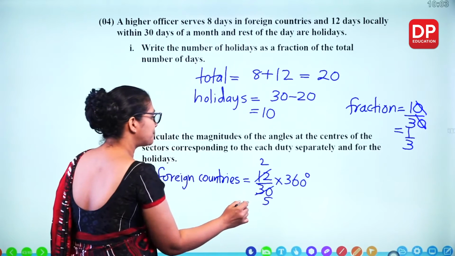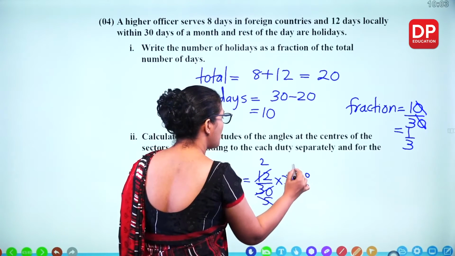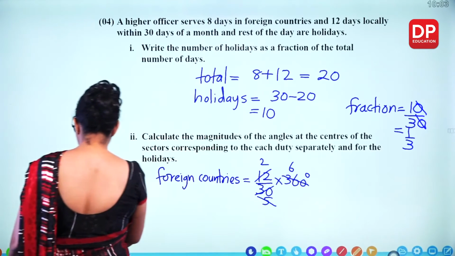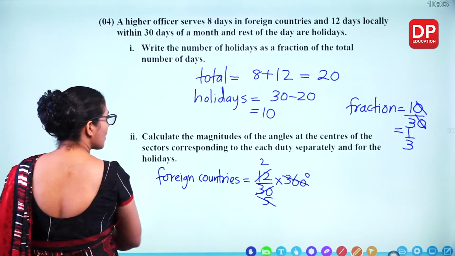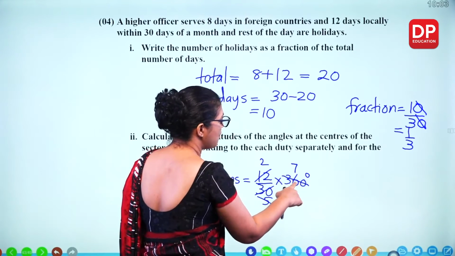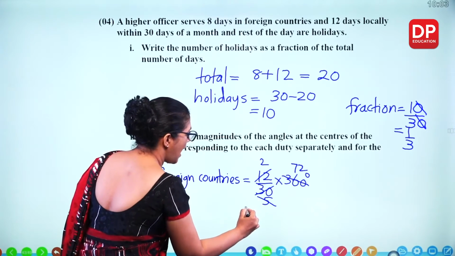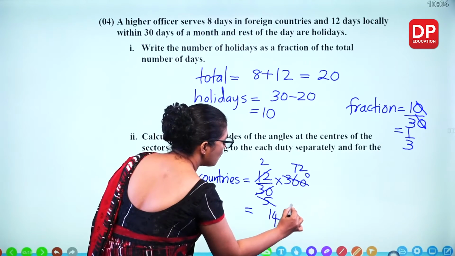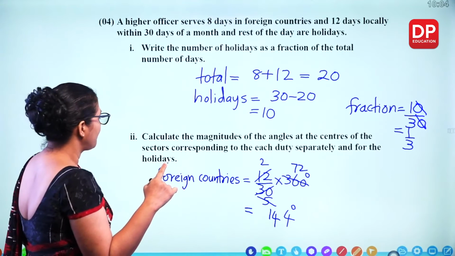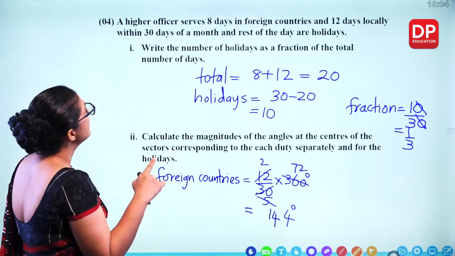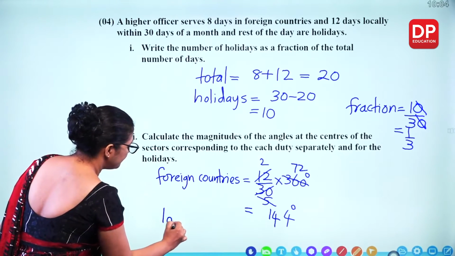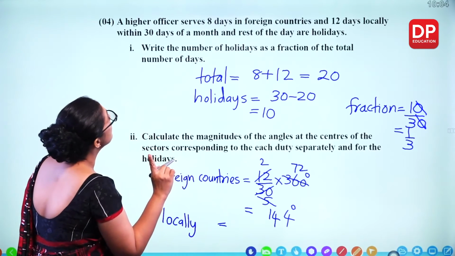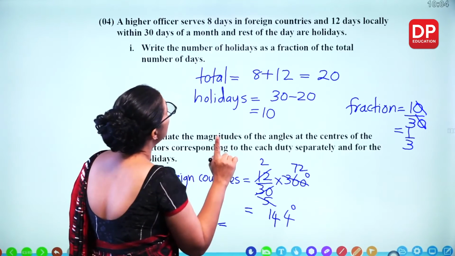And then 5 times 6, 30 for 5 times 7, 35 for 10, that's 2. So the angle is 144 for foreign countries. Then locally, that's 12.